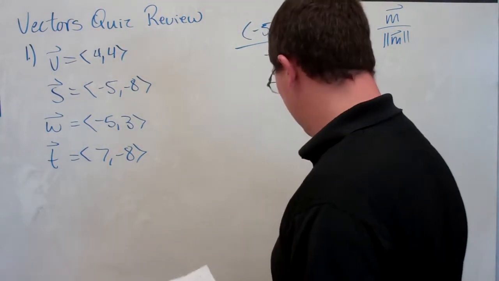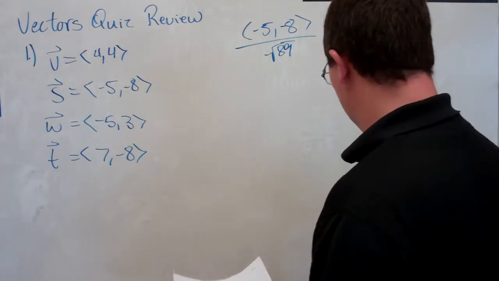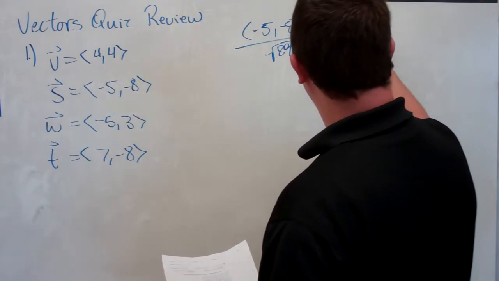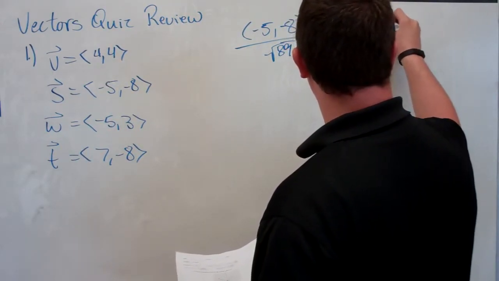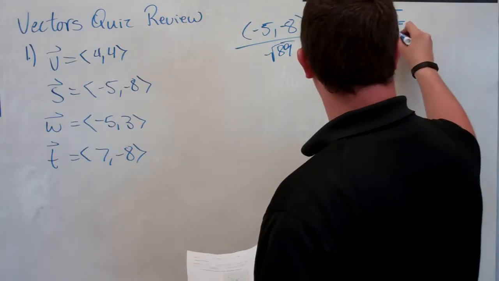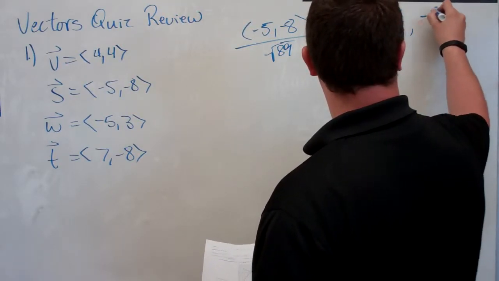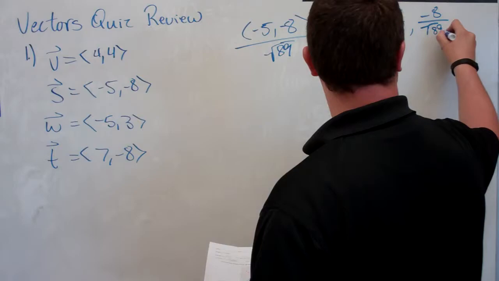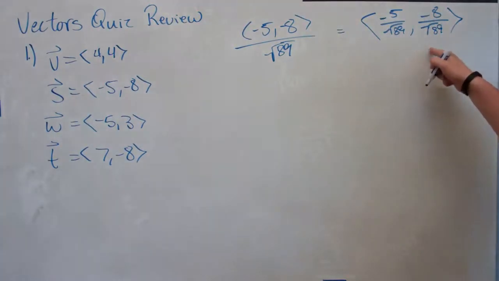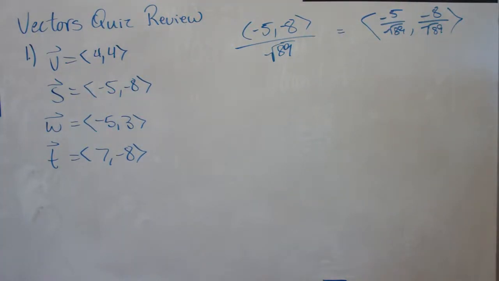So we're going to divide both of them by the square root of 89. So you could leave it in this form. You could say -5 over the square root of 89, comma -8 over the square root of 89. I would take that as the correct answer.